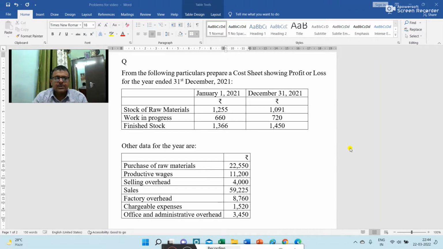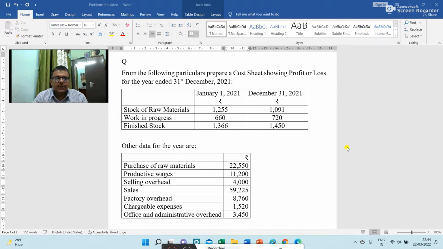Opening stock of raw material 1255 and the closing stock of raw material is 1091. Opening stock of WIP 660 and the closing stock of WIP is 720. Opening stock of finished goods 1366 and the closing stock of finished goods is 1450.